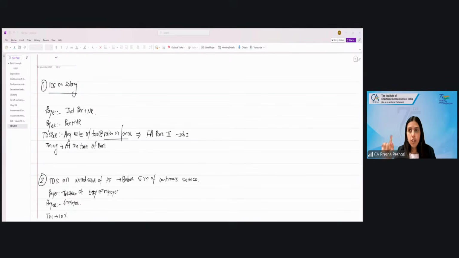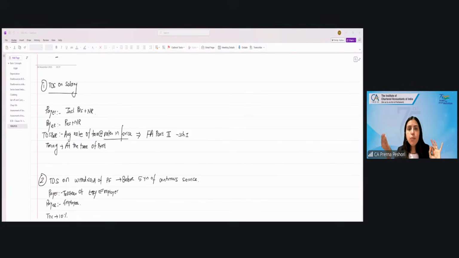Fine. Further, when the employee claims any kind of deductions, like Chapter 6A deductions, if they are opting out of 115BAC, when the employees are claiming, let's say, the interest on house property loss, or claiming HRA, the employer is required to obtain the evidence or the proof for estimating the salary and computing the TDS.